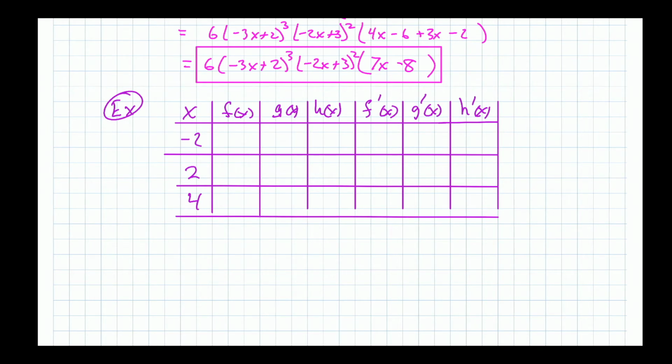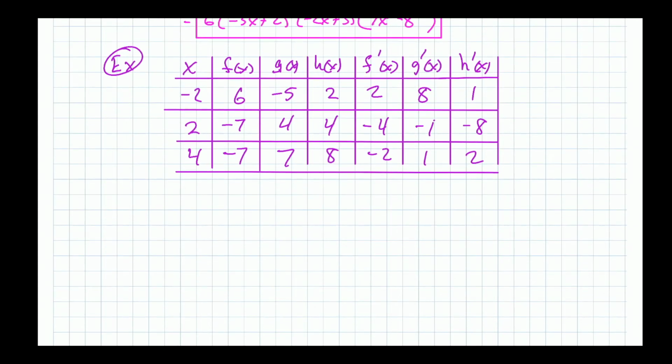Okay, good enough. So f, what do we have? We have 6, negative 7, negative 7, negative 5, 4, 7, 2, 4, 8, 2, negative 4, negative 2, 8, negative 1, 1, 1, negative 8, 2. Okay, so this is a table of values, obviously.